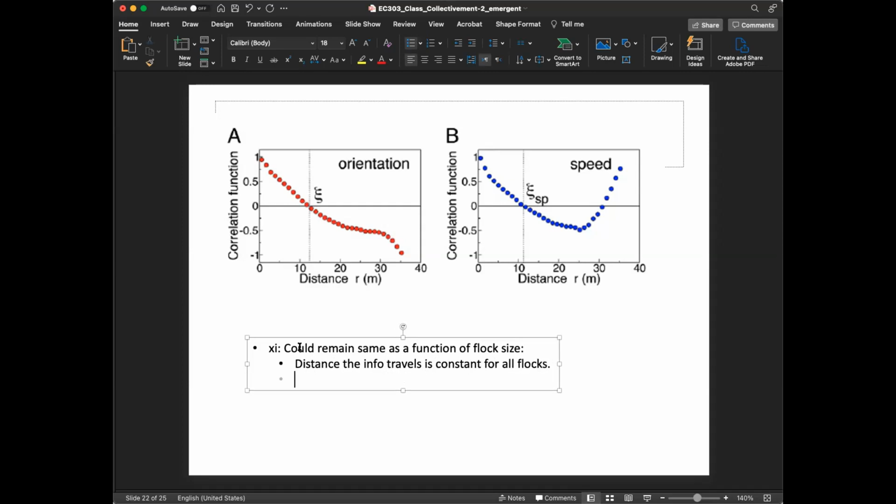If that is indeed the case, let's go back to the adaptation point that Sean was talking about. In that case, is it reasonable to say that smaller flocks are better in terms of transferring information across the entire flock?